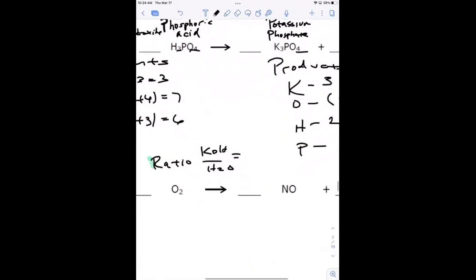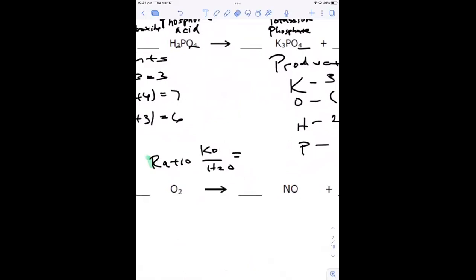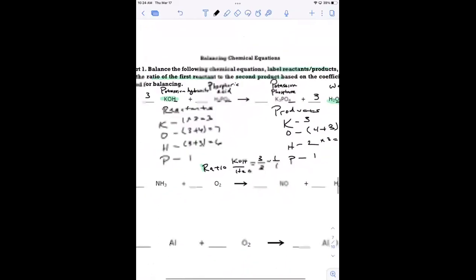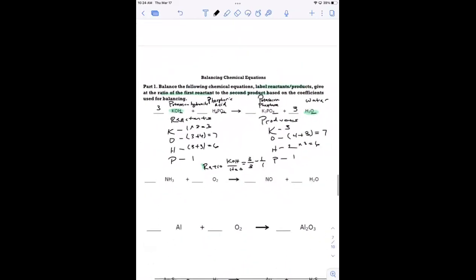The coefficient in front of KOH is 3. So it'll be 3 to 3, or 1 to 1, right? That's the ratio of KOH, the first reactant, to water, the second product. Any questions about that?